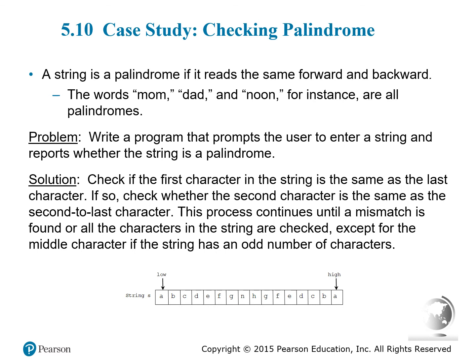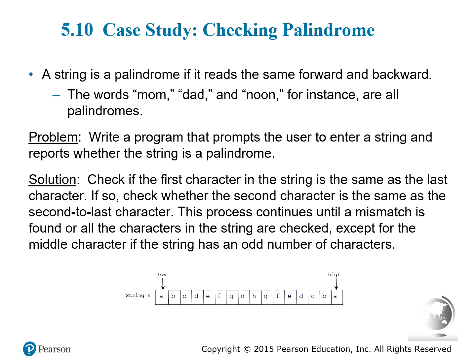Consider the code to solve this in listing 5.14. We read in the string from the user on line 11 using the nextLine method in the Scanner class. Recall that this is an instance method, so we must use the name of our Scanner object and dot notation to call the method.